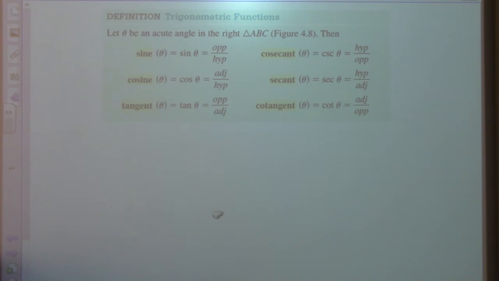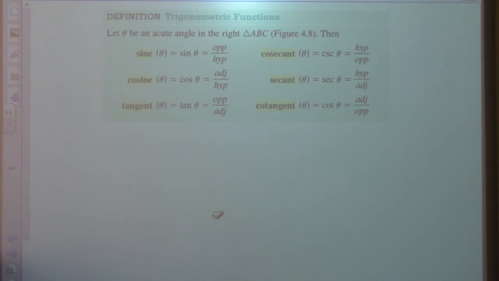So next we get into the trigonometric functions. Instead of trigonometric functions, they are functions, but I like to call them trigonometric ratios. Why do I like to call them trigonometric ratios as opposed to trigonometric functions? Because they are functions of ratios.